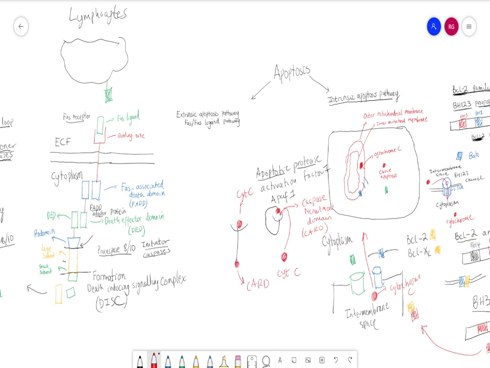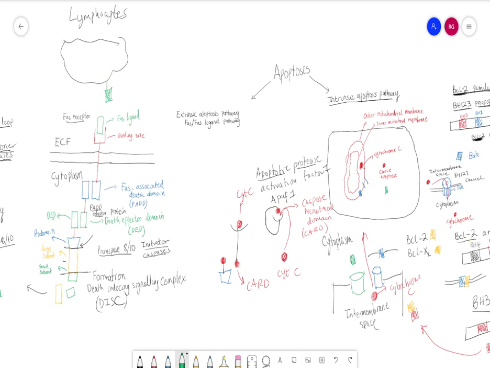And your CARD domain, once that's free, can bind to the CARD domain of another protein, and that protein happens to be caspase 9. So caspase 9 has a CARD domain so that it can be activated by the intrinsic apoptosis pathway. It's going to be the only caspase that can be activated by the intrinsic apoptosis pathway.